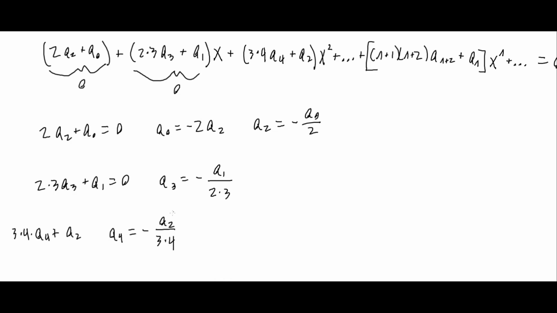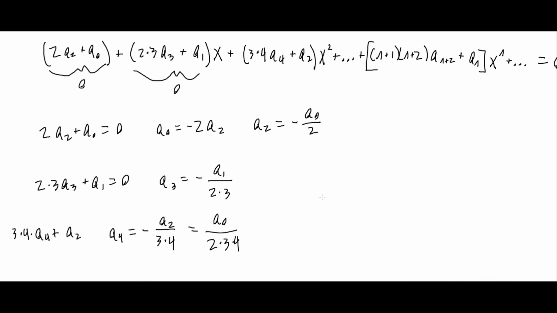But we already know that a sub 2 is equal to minus a sub naught over 2. And since both of these are negative, we can actually set this to a sub naught over 2 times 3 times 4, and that becomes positive because these are both negative. So negative a sub 2 would just be negative a sub naught over 2, which makes it positive.